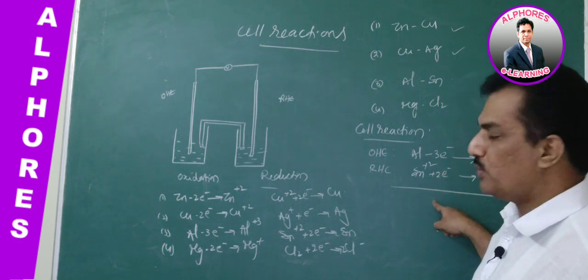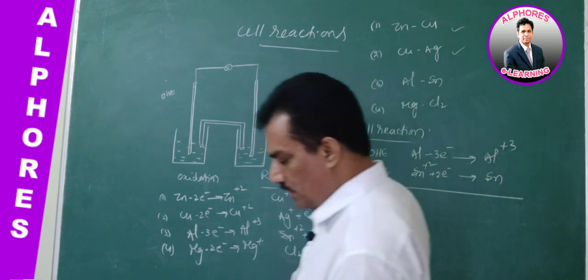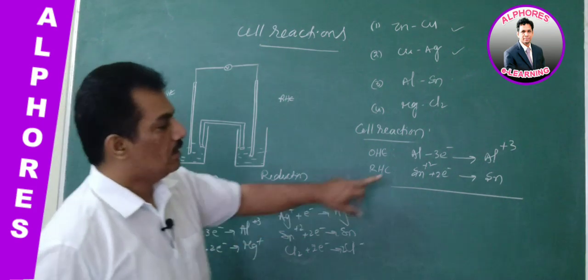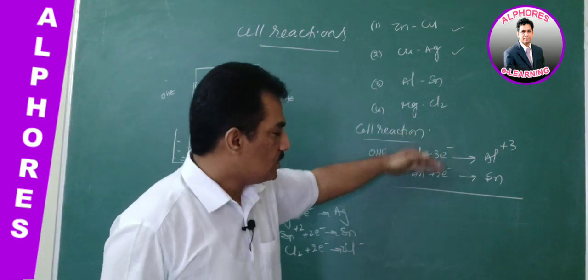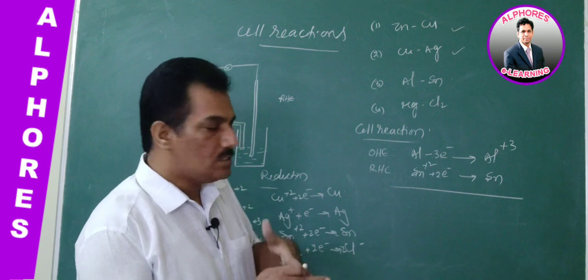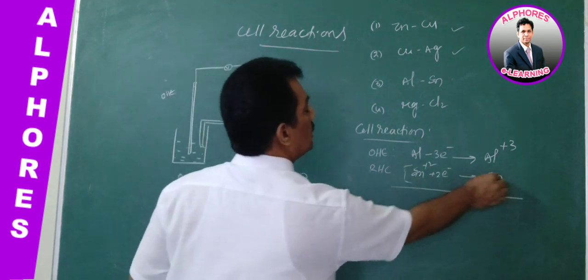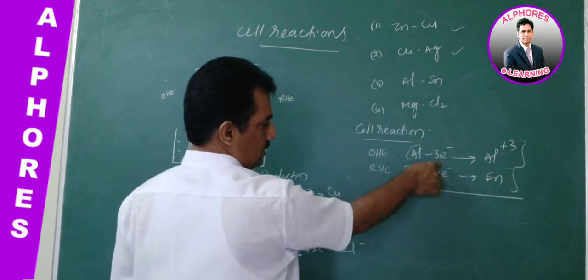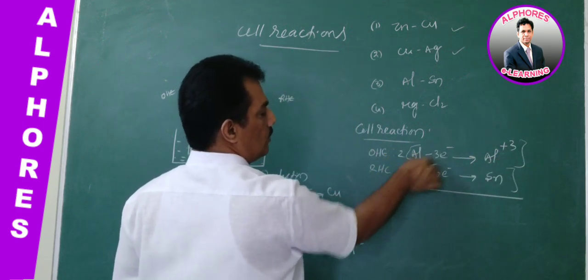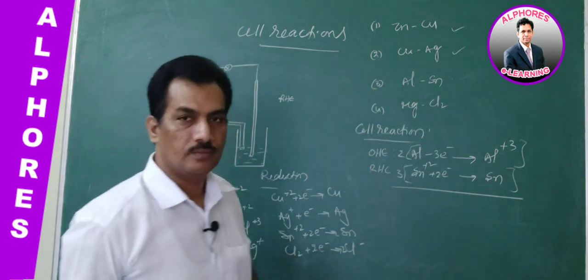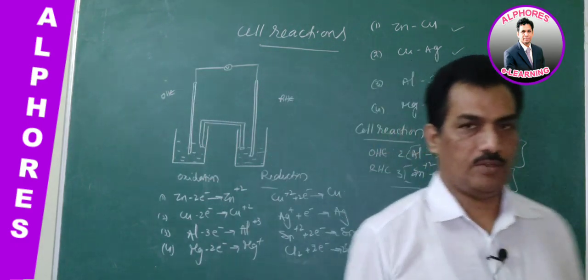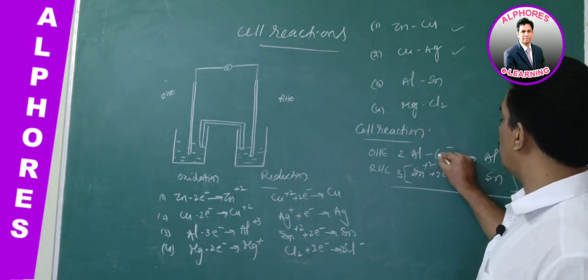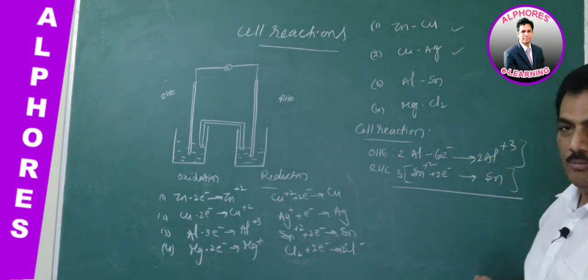Now when we try to add these two, the electrons are not the same. In the previous case, only one had an even number of electrons and the other an odd number, but here one is odd, one is even, and we have to equalize these two. In such a case, the total equations are multiplied by these numbers, crisscross multiplication: this equation by 2 and this equation by 3. Clear? When multiplied, we get 2Al plus 2 into 3, 6 electrons, and here 2Al plus 3.